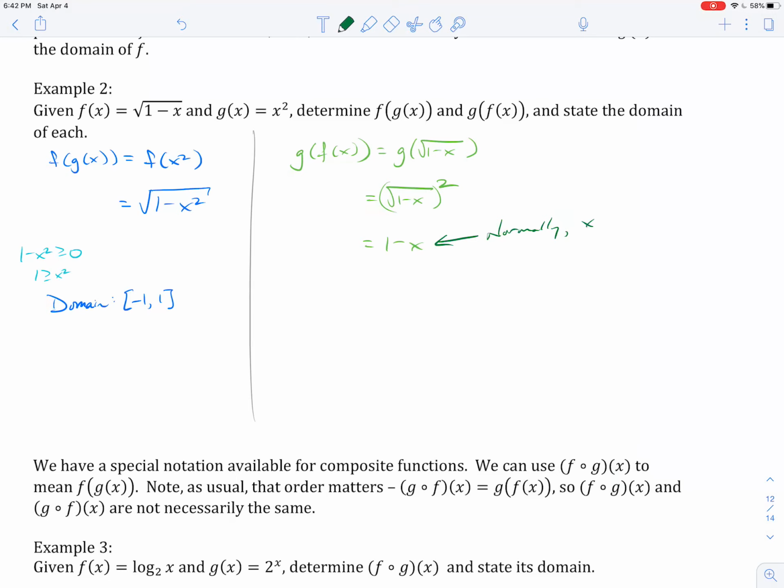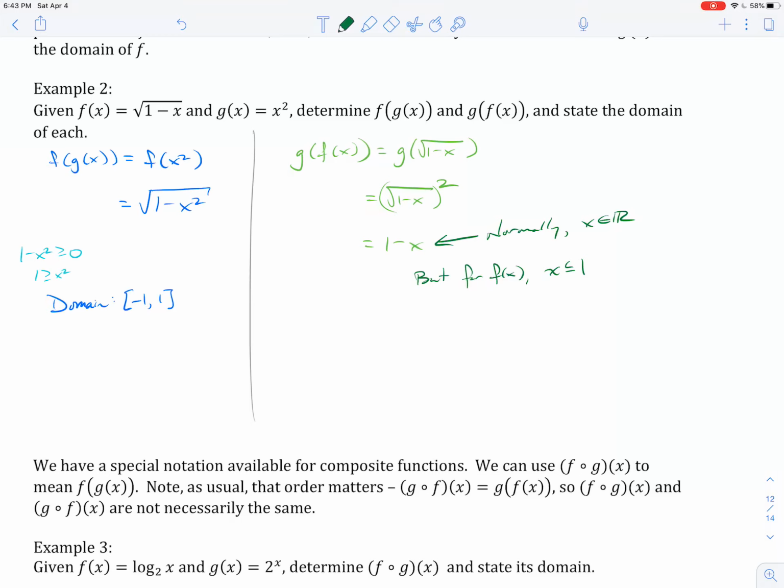Normally this thing would be all reals. But we did not get 1 minus x under normal circumstances. We got it by processing x within f first and then within g. And the sad fact is that for f of x, x has to be less than or equal to 1.